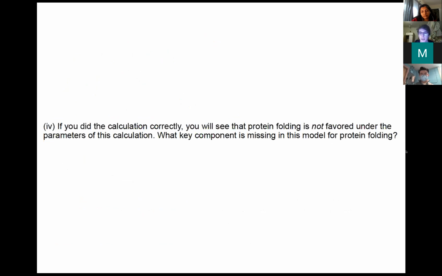So yeah, going to part 4, we'll find that the protein folding is not favorable under the previous calculation. So it's asking what key component is missing. And so you'll notice that the previous components of the problem just took into consideration the residues of the protein in each state. But one key component missing is the interaction of the protein with its surrounding environment, specifically water.